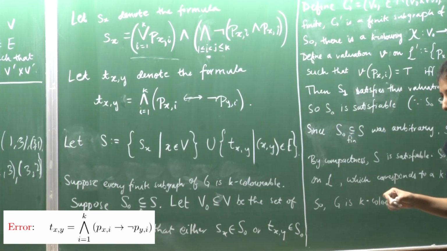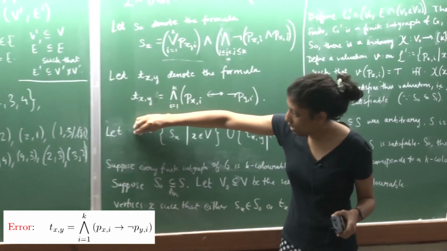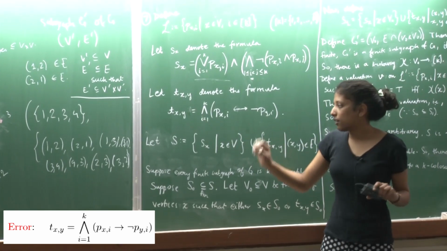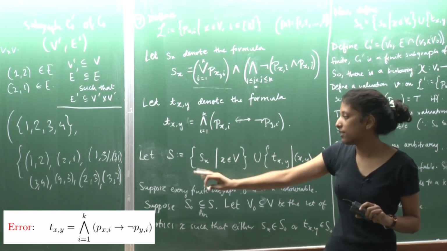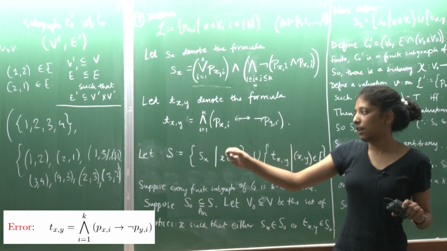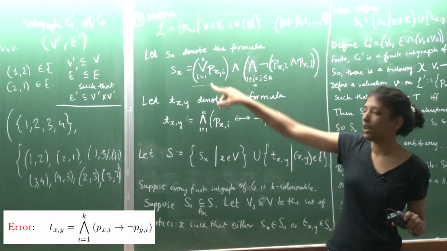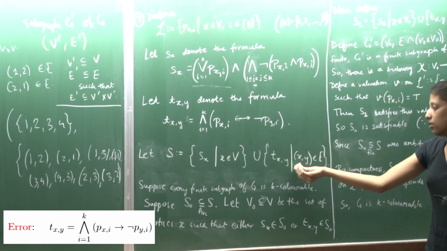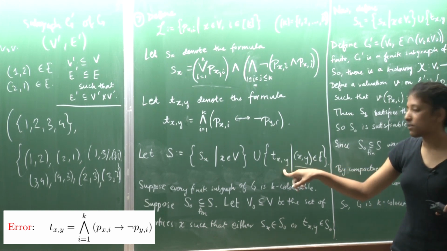Okay, so now you'd want to define your set of formulas which captures that your graph is k-colorable, right? So that's the idea that you have in mind when you're defining the set of formulas. First thing you need is for every vertex to have a color. So for each vertex you include the formula Sx. And then for each edge x comma y, you include the formula Txy.